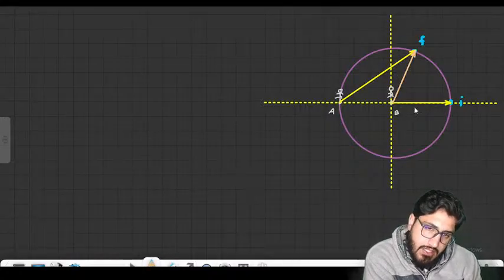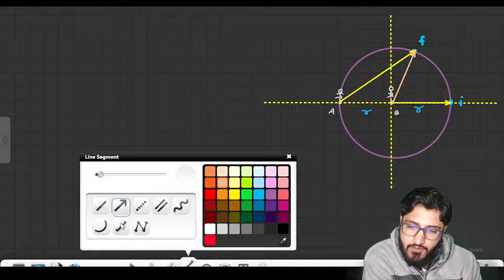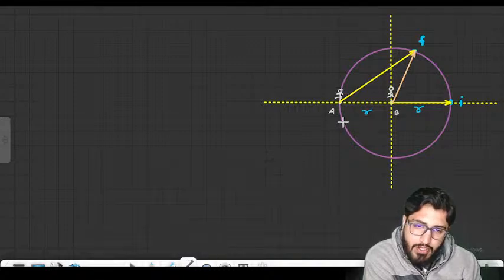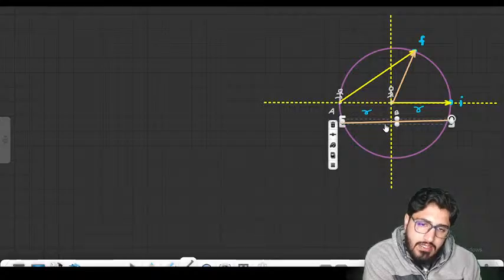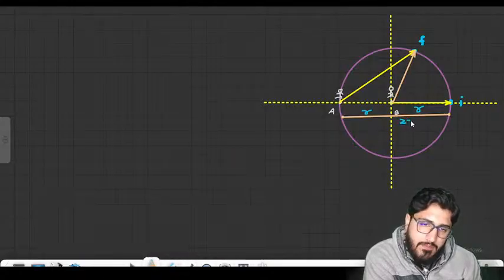If this distance is R, for this particular object its distance will now be 2R.